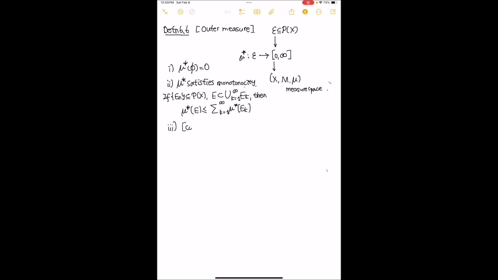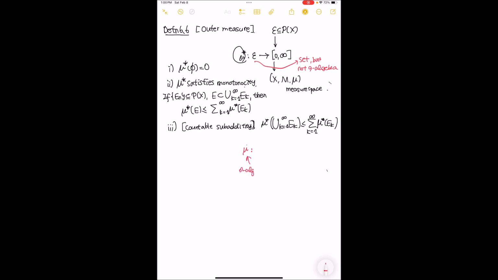And the last property is countable subadditivity. That is similar to the definition of a measure, but that is not a measure because that is just a set function, not a sigma algebra.